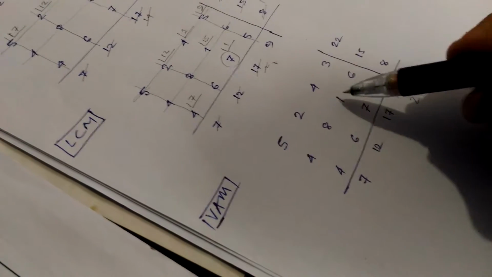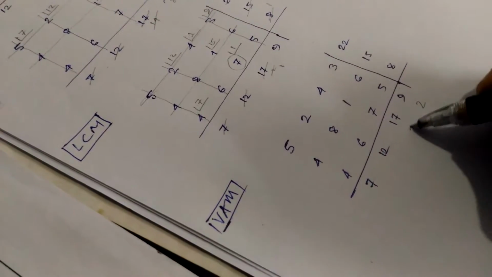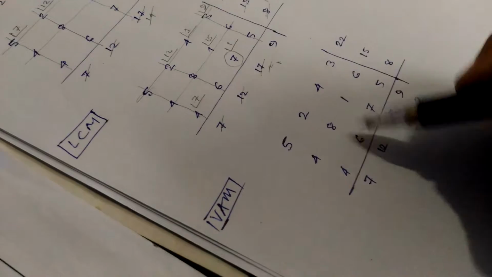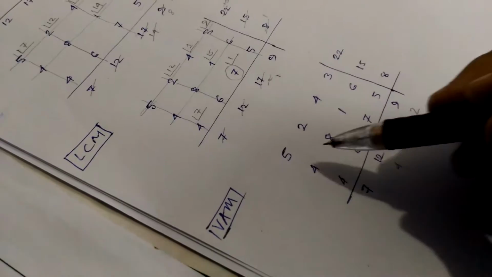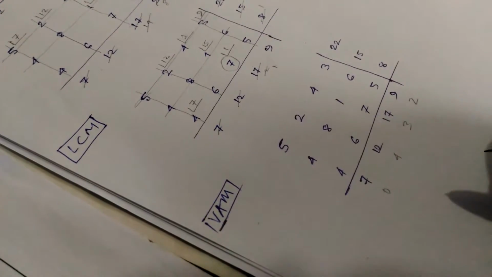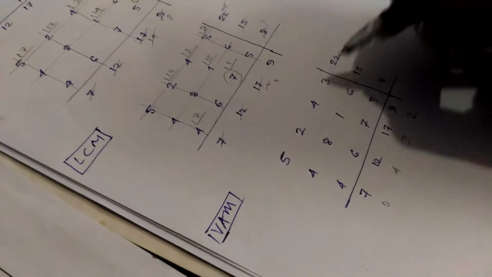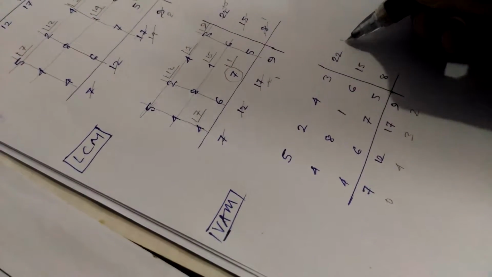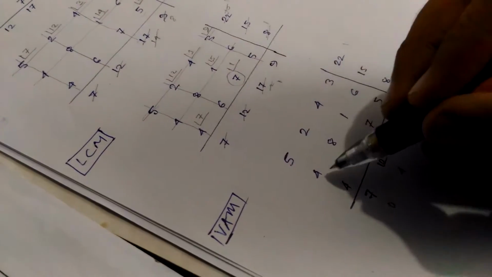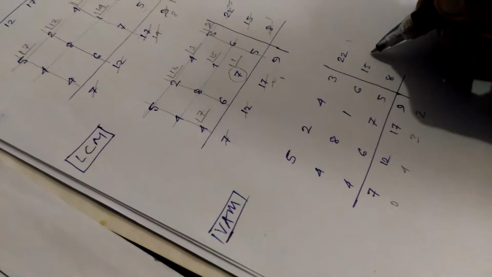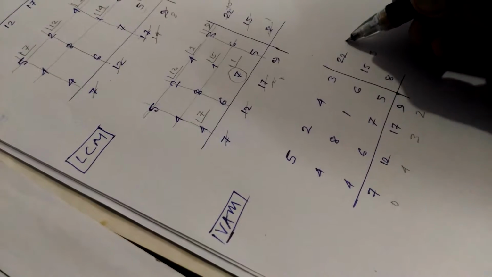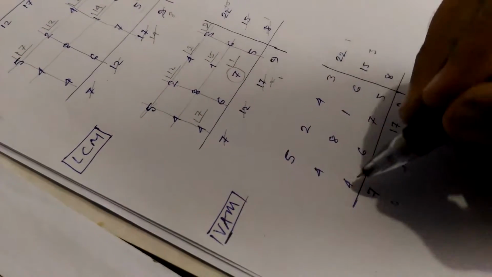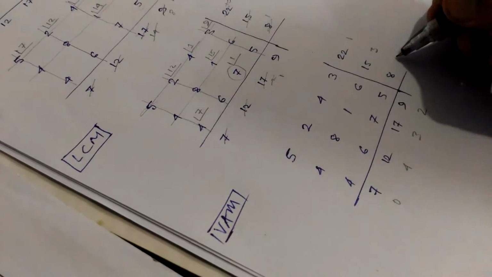Then here the lowest two values are 1 and 4, so the difference is 3. Lowest is 6 and 2, difference is 4. Lowest is 4 and 4, the difference is 0. In this case the lowest is 3 and 2, so the penalty is 1 here. In this case 4 and 1 are the lowest two values, difference is 3, so 3 is the penalty. In this case 4 and 5 are the lowest two, penalty is 1.